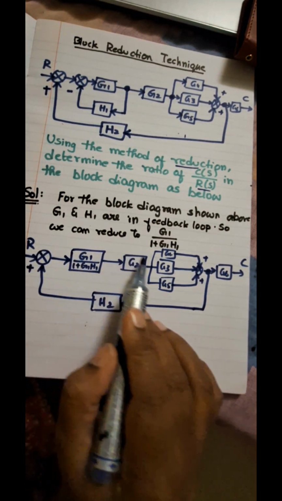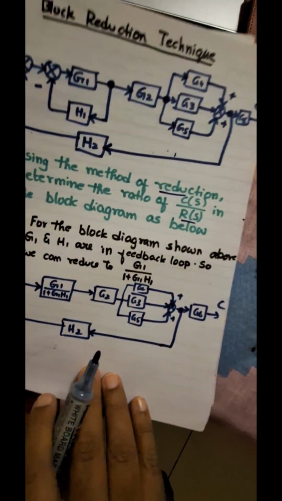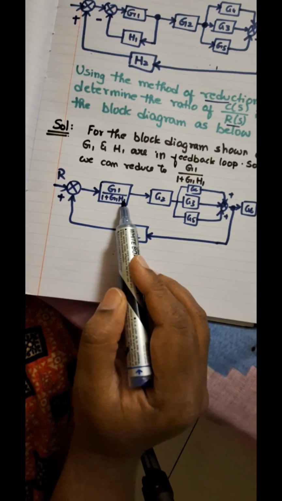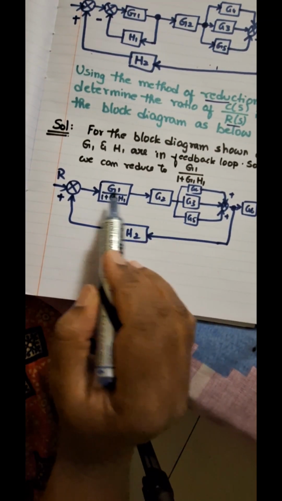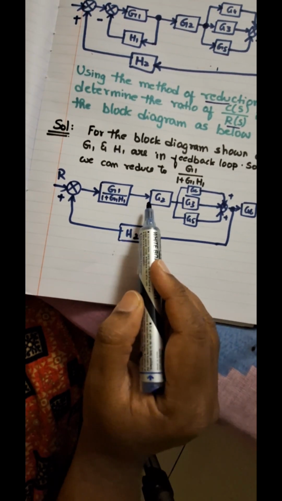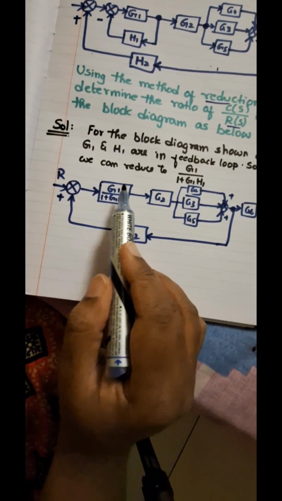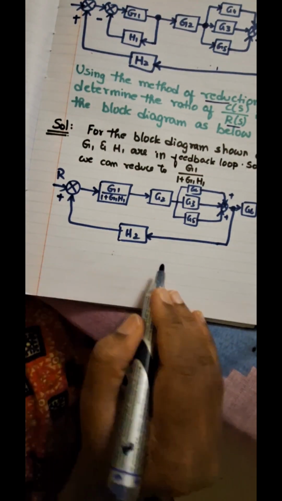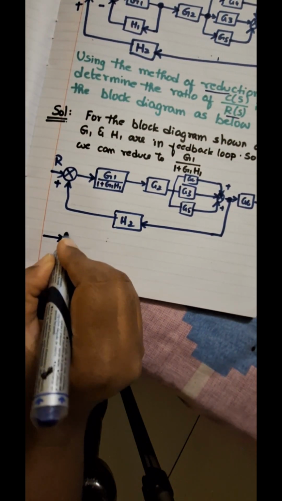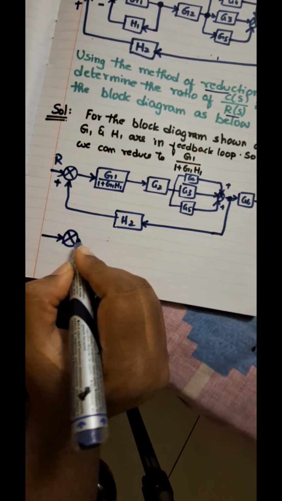So these two can be reduced as, and you should write here: G1 by 1 plus G1 H1 and G2 are in cascade. Hence G1 G2 by, so you should write the statement. Then you should show the block diagram. So don't forget to write the statement.